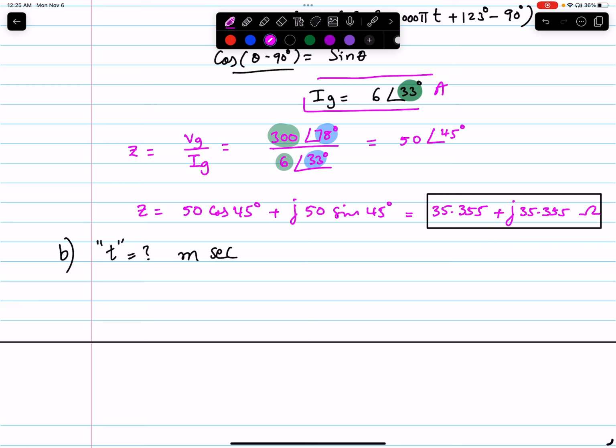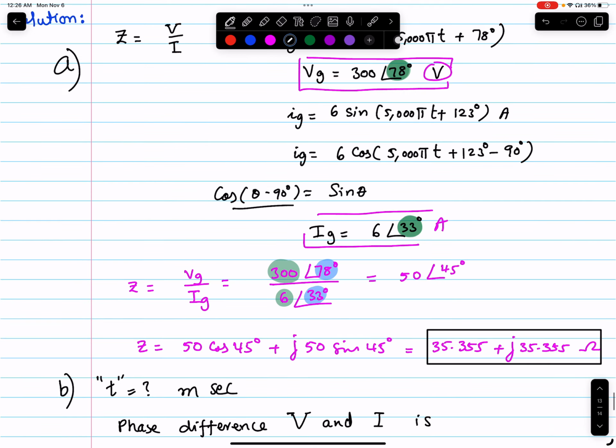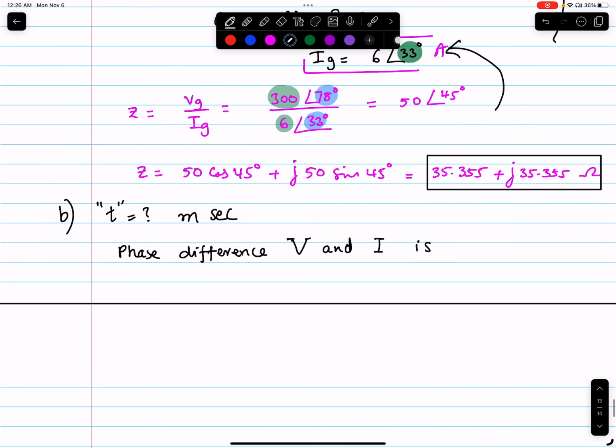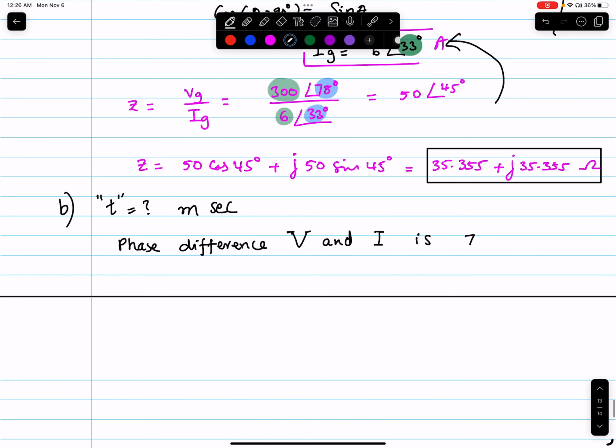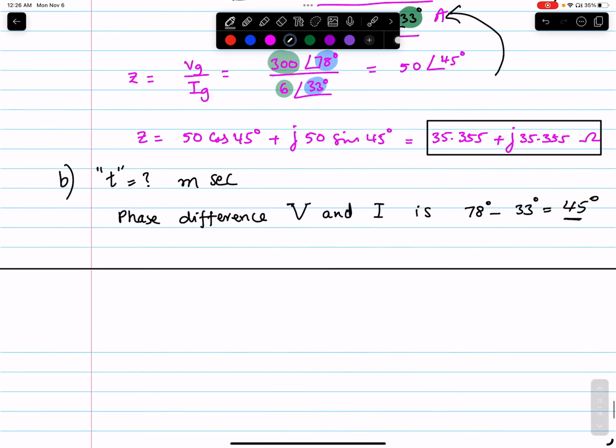So the phase difference between V and I is the phase of the voltage minus the phase of the current: 78 minus 33 degrees, which comes to 45 degrees total. 45 degrees is the phase difference between the voltage and current.